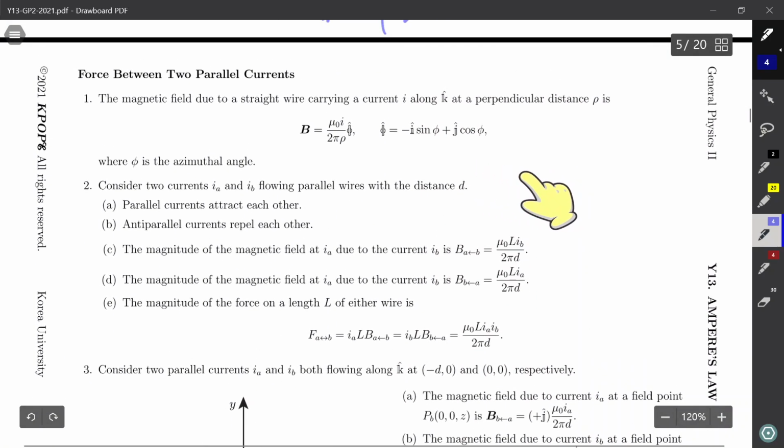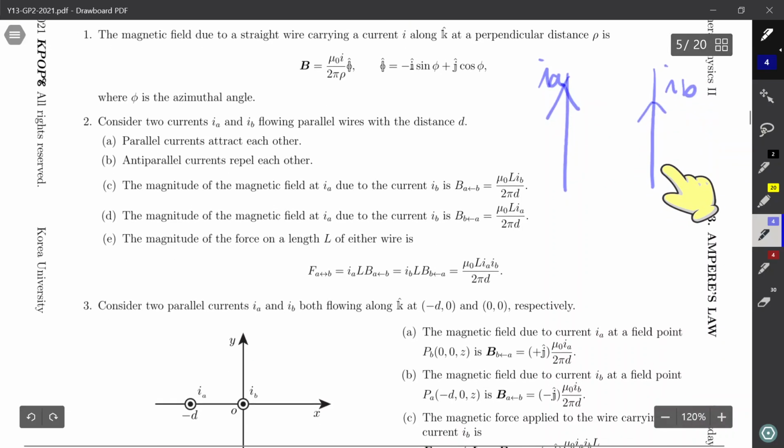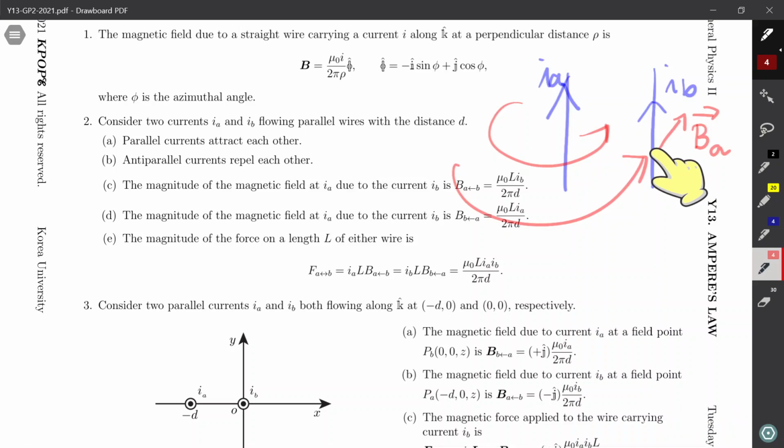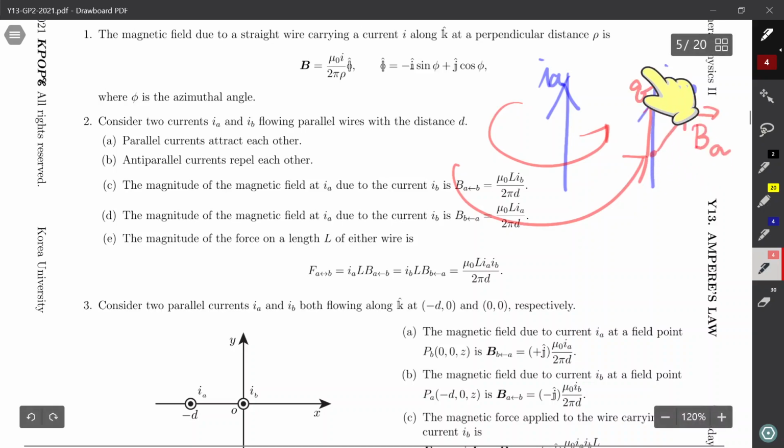Force between two parallel currents. We have currents I_A and I_B, two currents. For example, I_A generates the magnetic field, and here the magnetic field due to A is along this direction. And a charge Q is flowing upward, so Qv is in this direction.